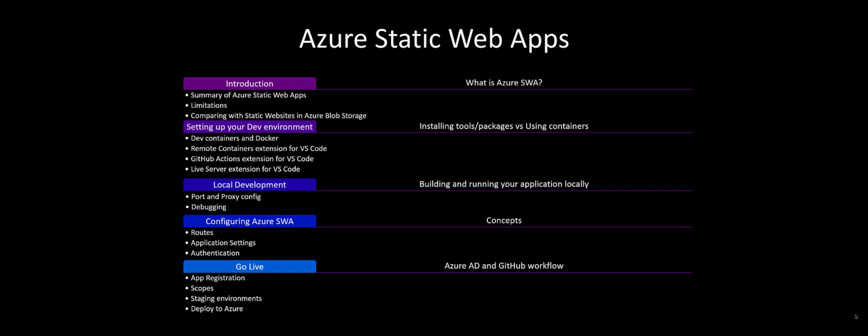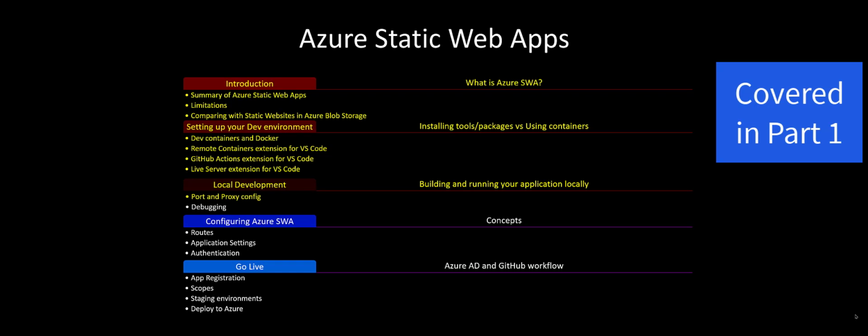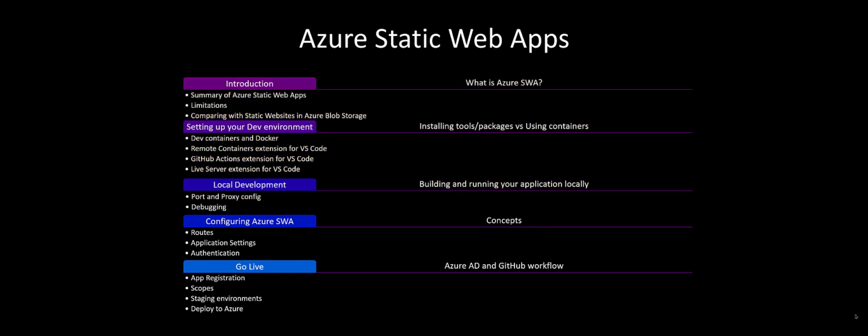First, an introduction to Azure Static Web Apps, and then we will learn how to set up a dev environment. Traditionally, when we do Dynamics or Power Apps development, we would install a whole bunch of SDKs, assemblies, and npm packages.